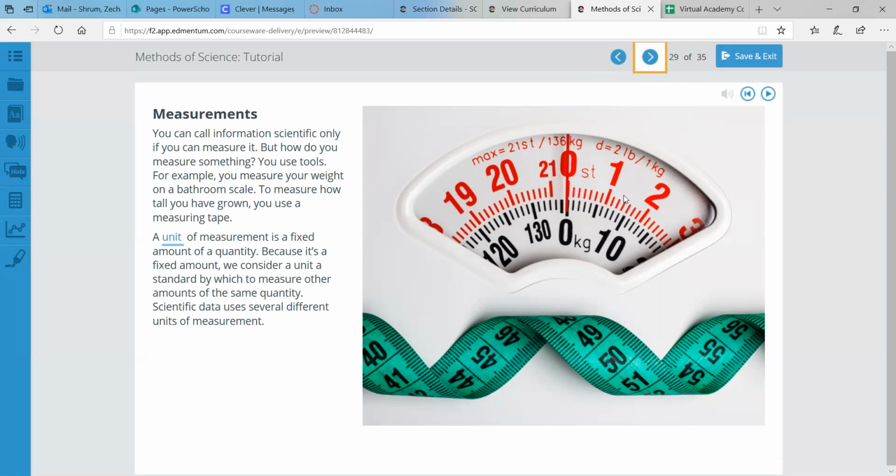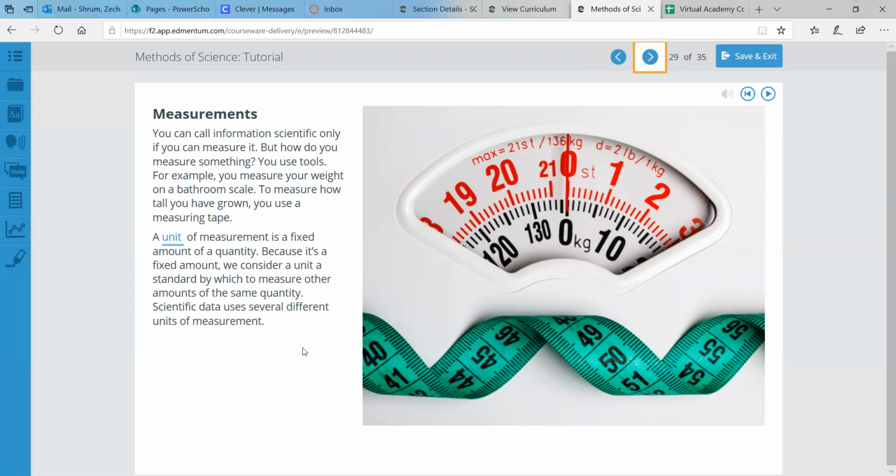And talking about measurable data, this is how we measure it with tools. So when it comes to weight, scales are great to use. When it comes to length or width, height, anything dealing with that, rulers of some sort are used. And a unit of measurement is a fixed amount of a quantity.